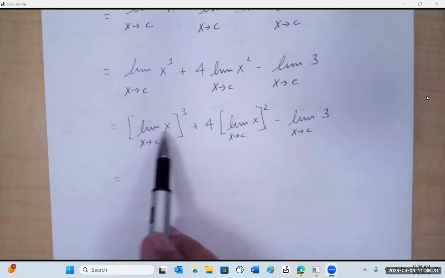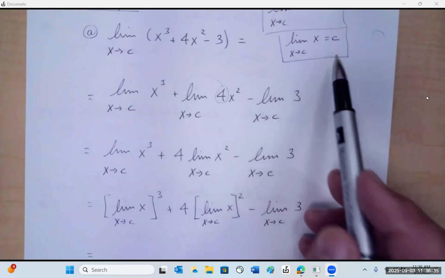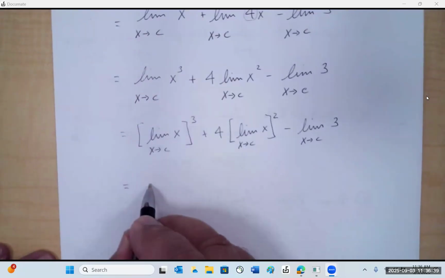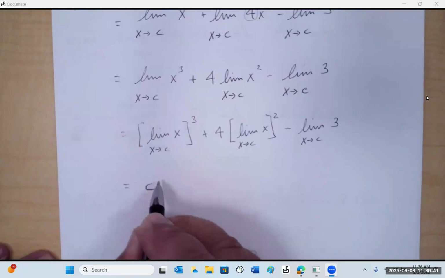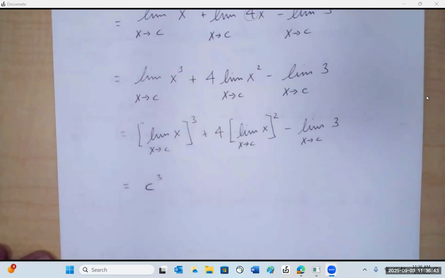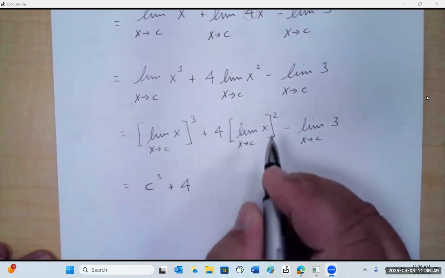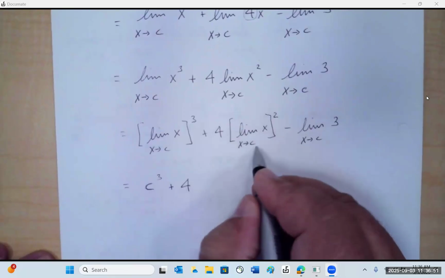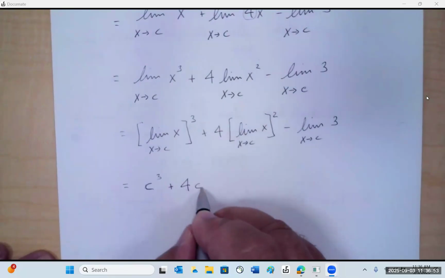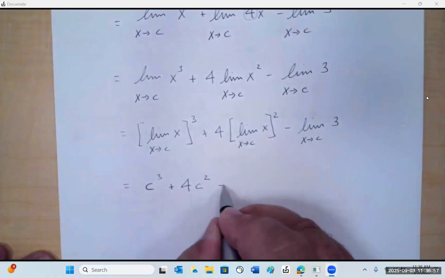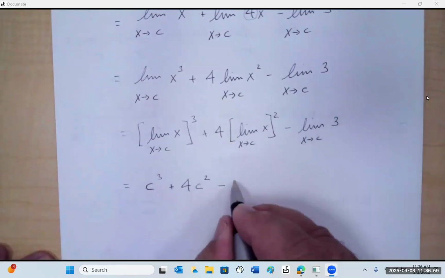So can we do anything else in here? No. Now we use the basic properties. The limit of x as x approaches c is c, to the power 3. The limit of x as x approaches c becomes c squared, minus the limit of 3, which is 3.